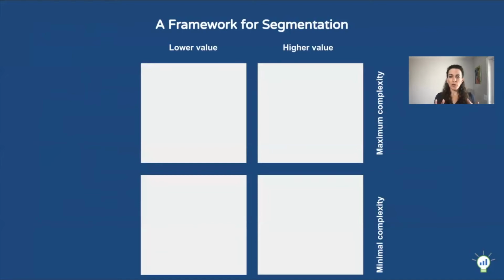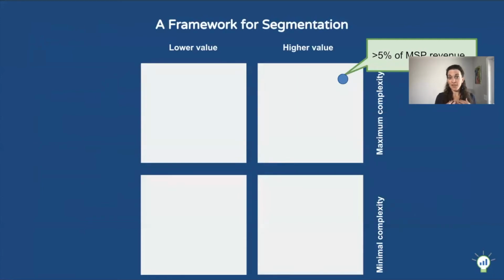And then really what you want to do is start putting your clients in each of these quadrants, right? Maybe this is more than 5% of my MSP's revenue. They're high value, high complexity. I better make sure I set up processes and procedures to make sure I have eye on the prize, because if I lose them, that would be a huge impact to my business.